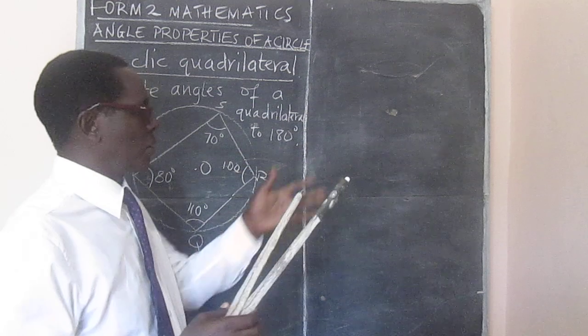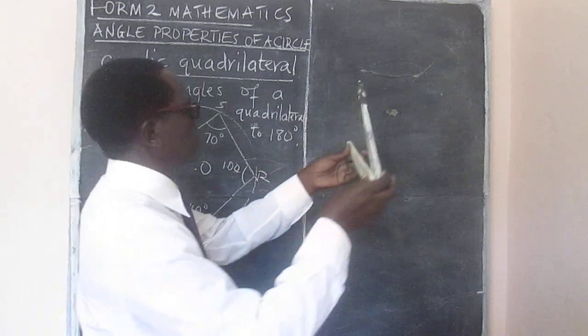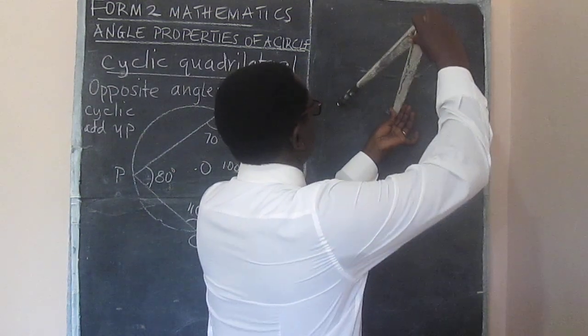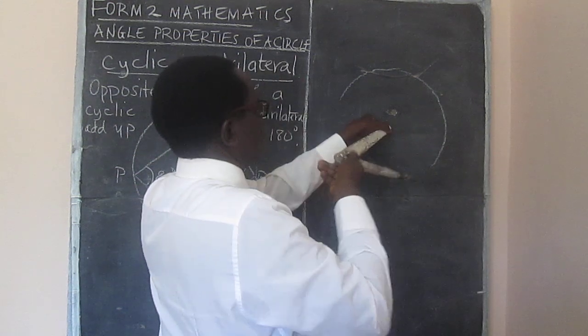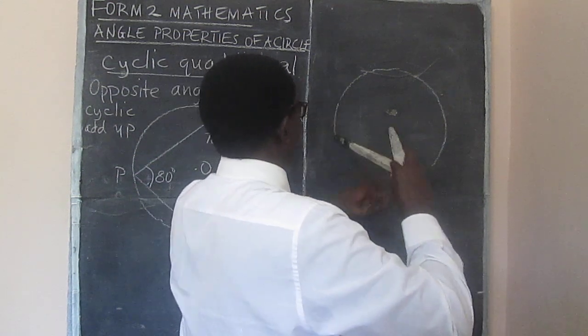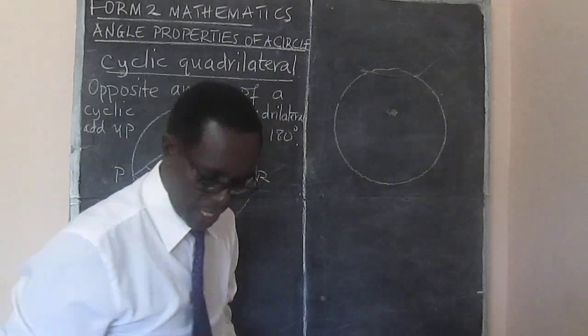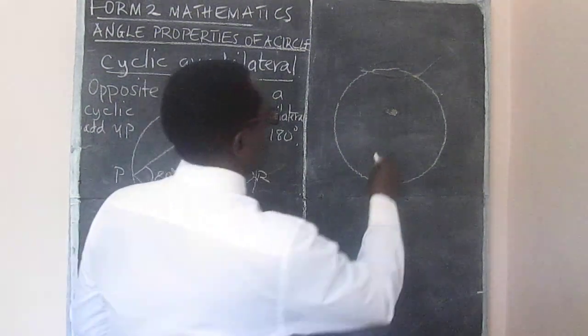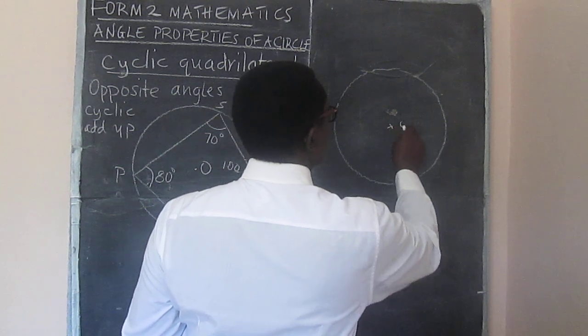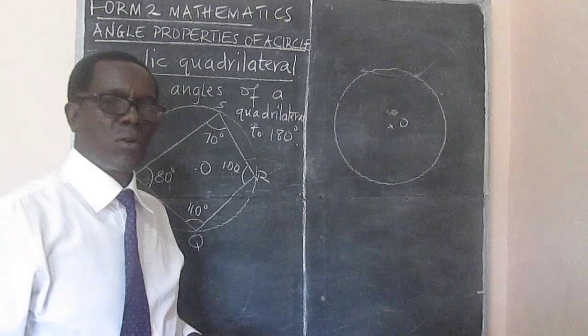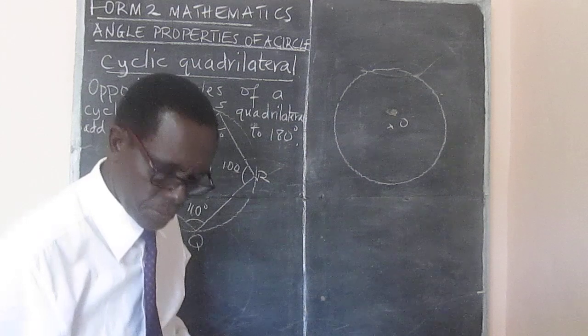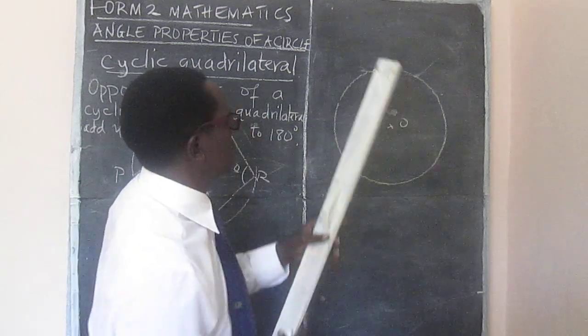And we draw a circle here. We have it at the center. We want to draw a cyclic quadrilateral in this circle.